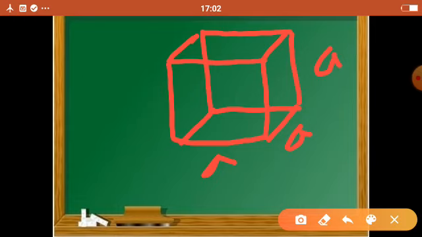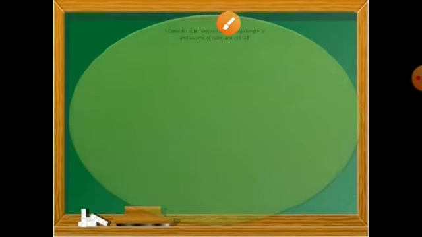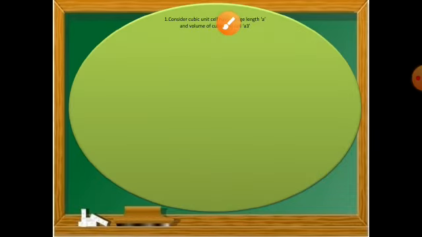So I can write here that the edge length of this unit cell is A. And now if you want to find the volume, I can write that the volume of the unit cell is A into A into A, that is A cube.